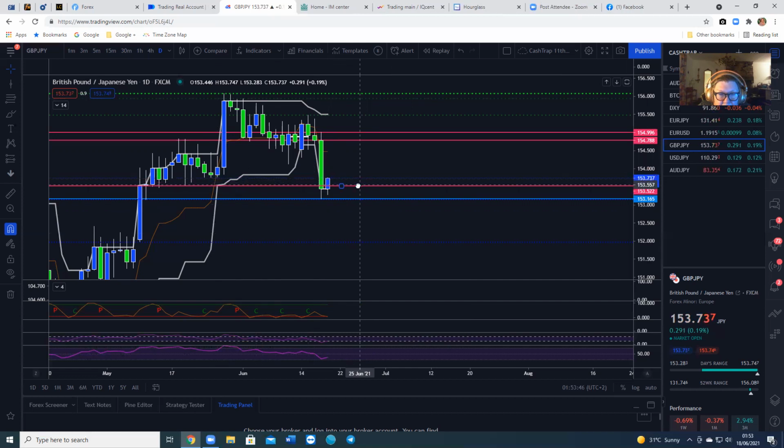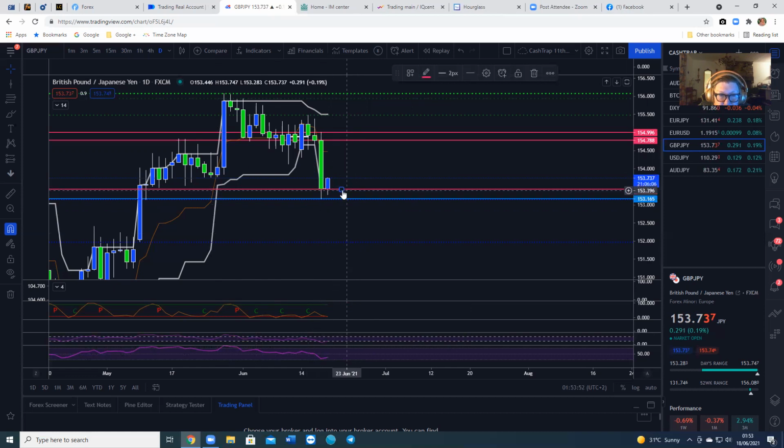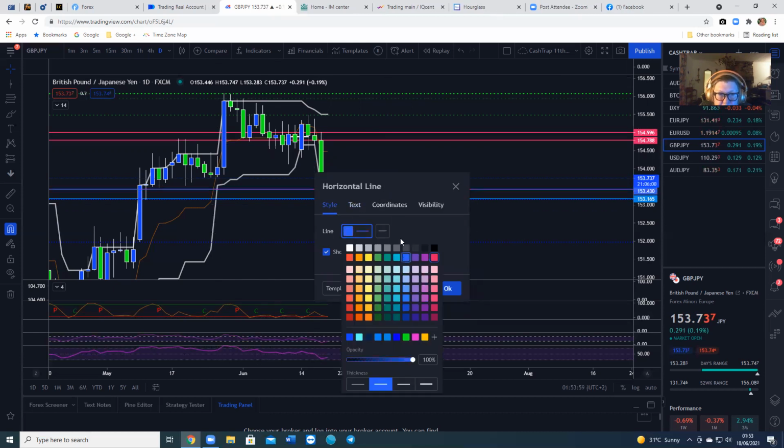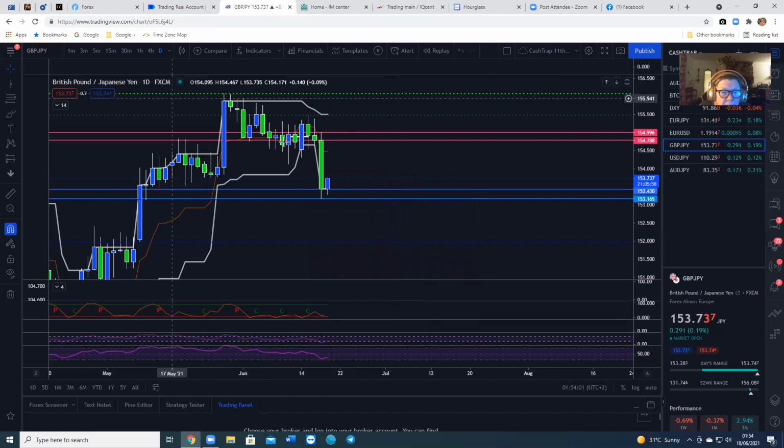So I'm just going to place that on the body and put it as a blue one. Then we'll come down, I haven't done the wick, 259.